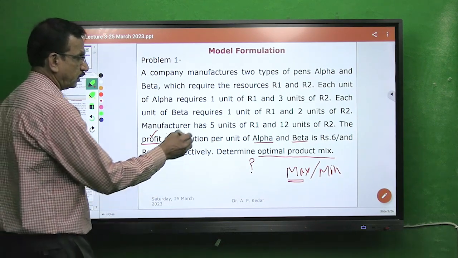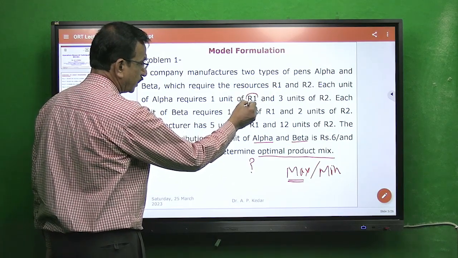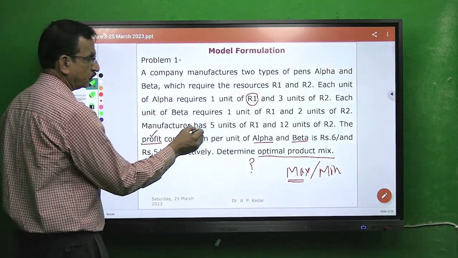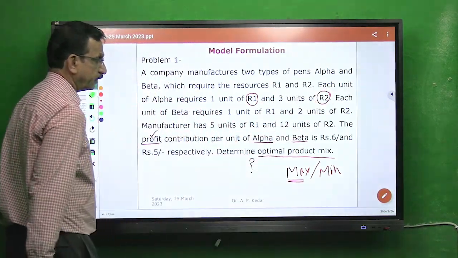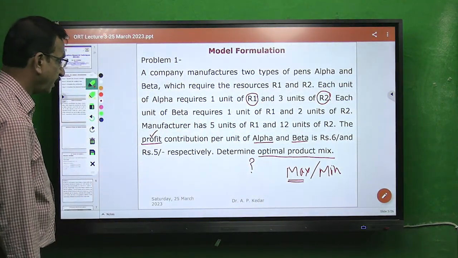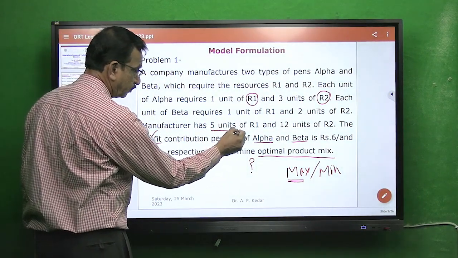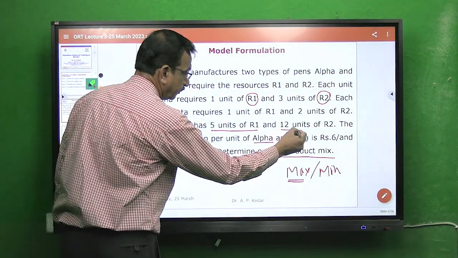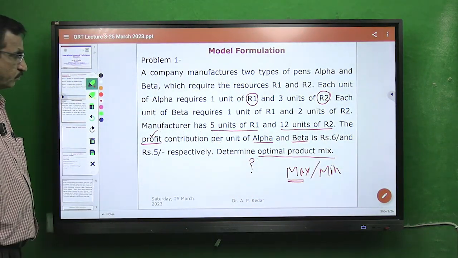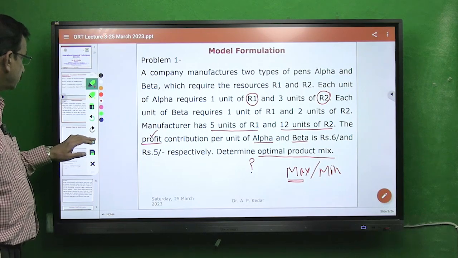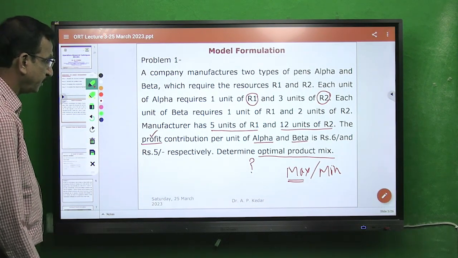Now, as discussed in the previous lecture, constraints are on resource R1 and also on resource R2, and the maximum availability of R1 and R2 is stated as 5 and 12 units respectively. So from this raw data, we first have to prepare a table.